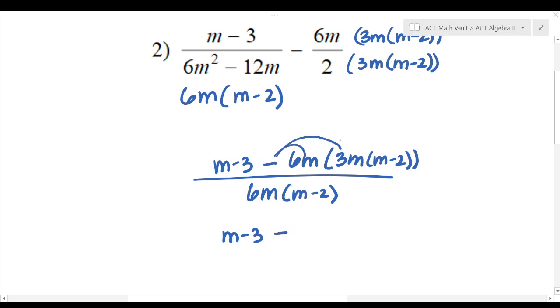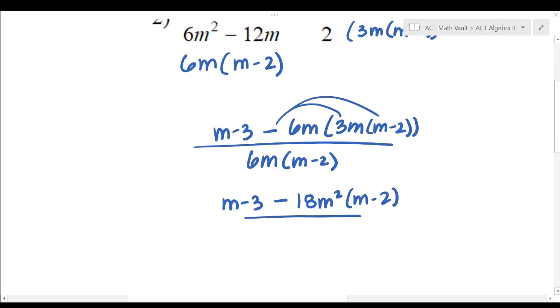Now that negative doesn't distribute. It's just the negative goes next to that 6m. But I'm going to think of this as minus 18m squared. It's like one falling into the next. Then that can multiply into m minus 2 all over, and then this is 6m, m minus 2.